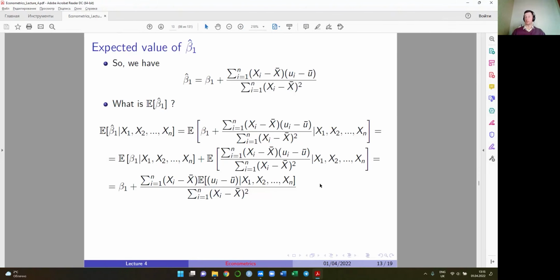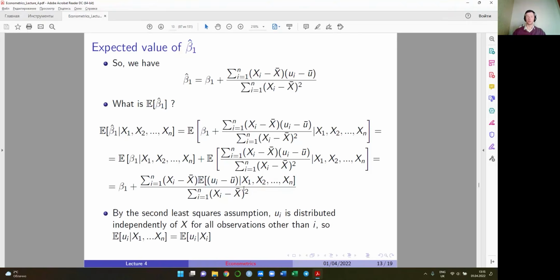So now the question is, how much is this? If assumption 1 holds, how much is this expectation? It's 0, because if assumption 1 holds, then the expected value of u given x's is 0. And also after some derivation, the expectation of u bar is also going to be 0.